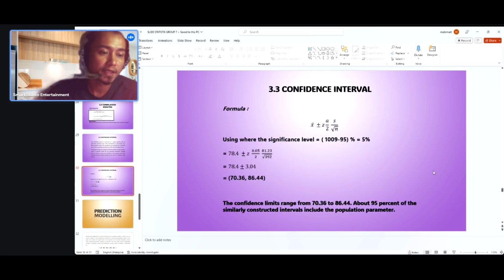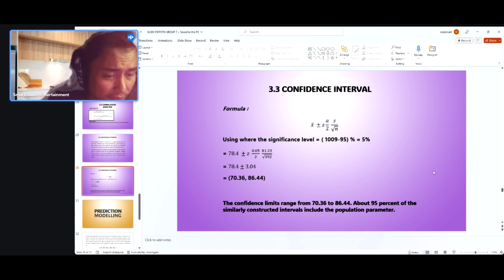The formula is X plus Z A divide 2, S over square root of N, where the significant level equal to 0.05.